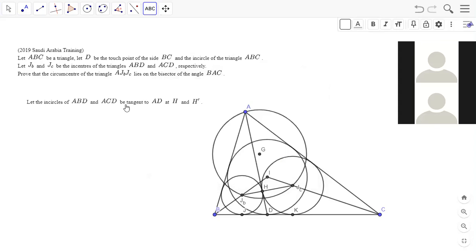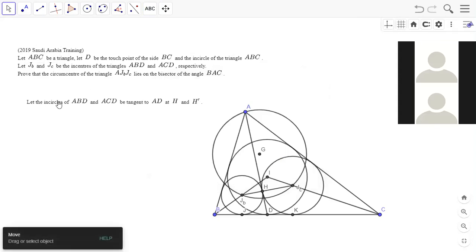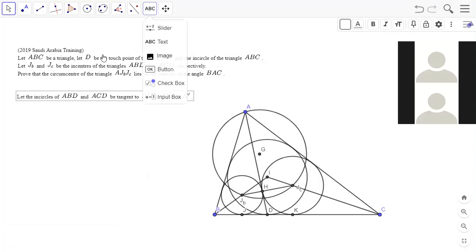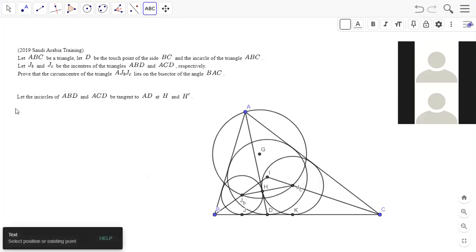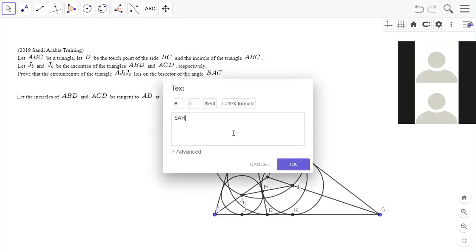So then we have AH is equal to AB plus AD minus BD over 2, and also AH prime is equal to AC plus AD minus CD over 2.